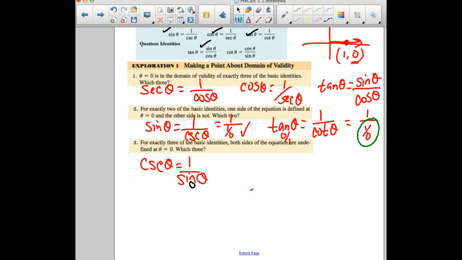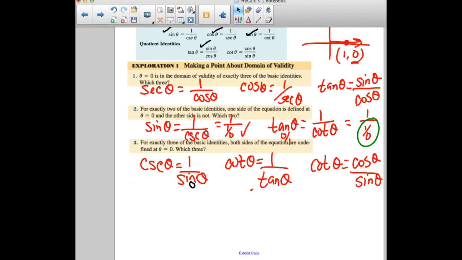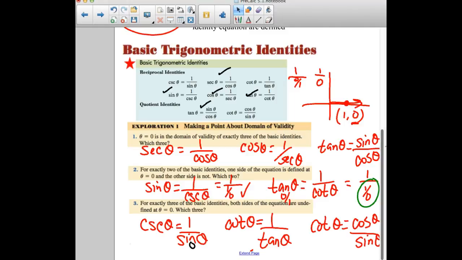The other one that was left, cotangent of theta is 1 over tangent. And the third one, cotangent of theta is cosine over sine. So again, we're just making sure that both sides of the identity are defined. All right, if they're not, we don't consider it in the domain of validity.